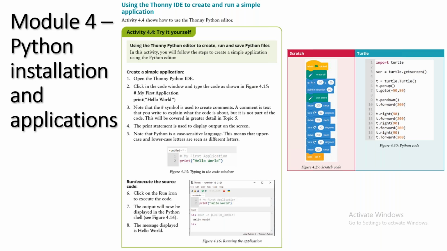So they're able to see exactly how we can go from block-based programming and convert that into text-based programming with languages like Python. It's actually quite nice activities, especially when they are introduced to these programming concepts.